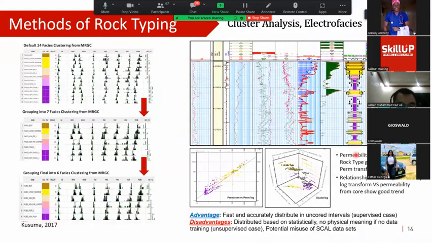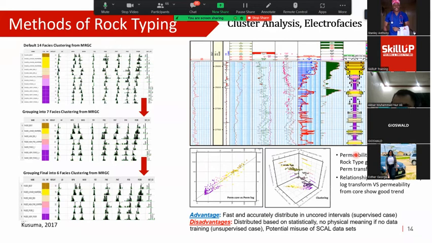This is also very commonly used: cluster analysis, electrofacies, either supervised or unsupervised. This method is just statistically based, and it depends on the input that we put into the training. This method can usually be used for permeability predictions and also for rock type clustering based on the log responses.